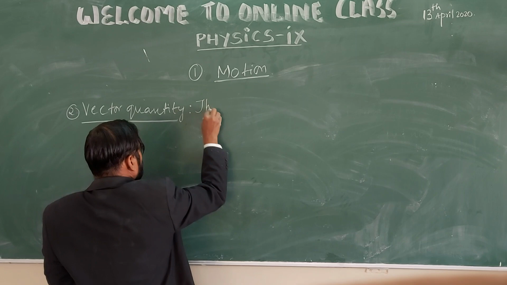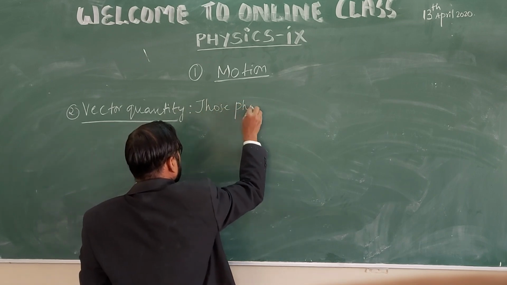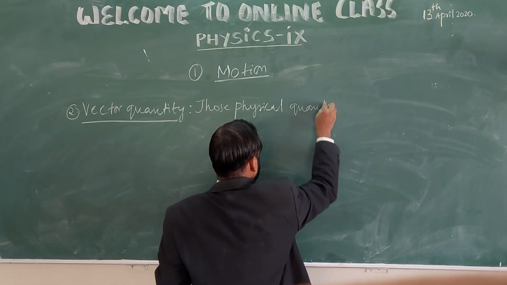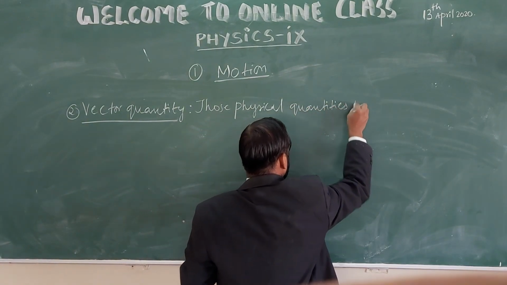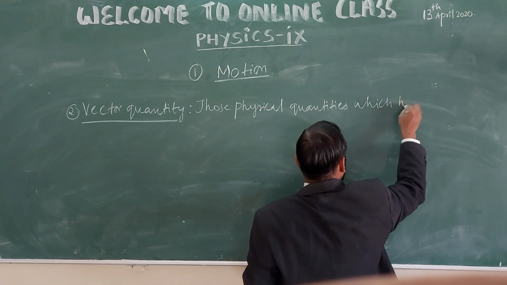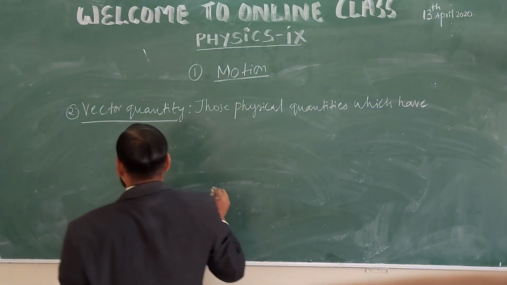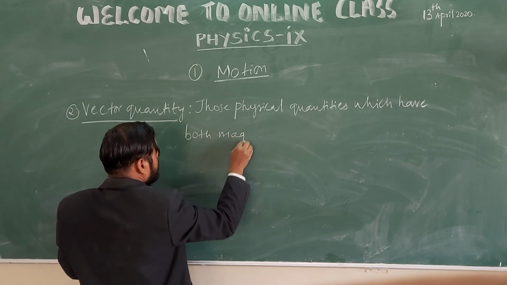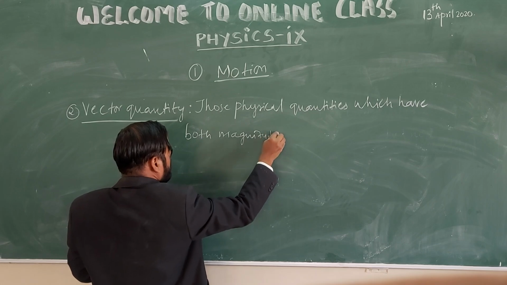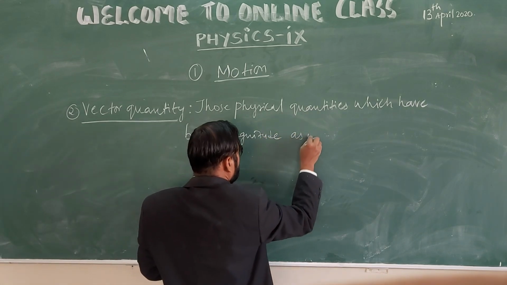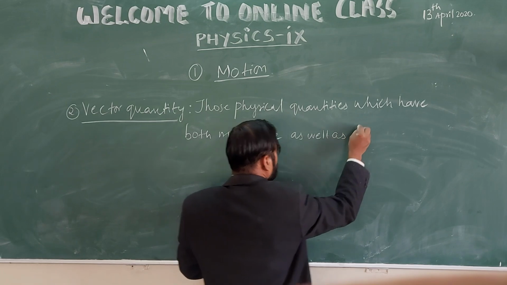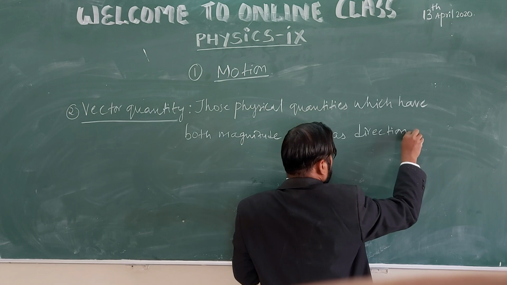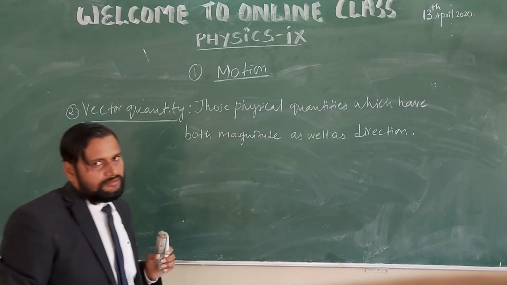Write the definition: those physical quantities which have both magnitude as well as direction is called a vector quantity.